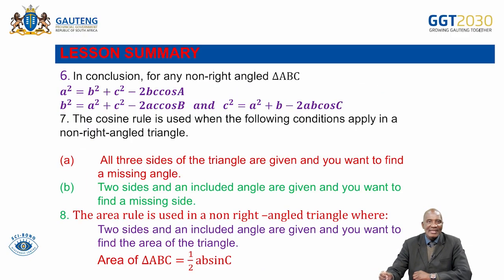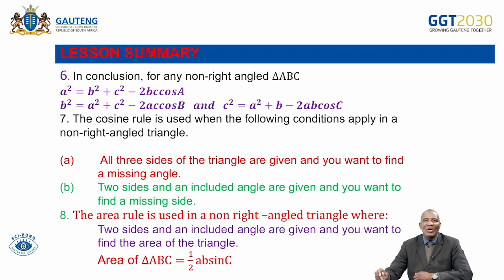Then in conclusion, for any non-right angle triangle, the cosine rule can be written in 3 different ways, but just mastering one is sufficient. A squared equals B squared plus C squared minus twice BC cos A, and B squared is A squared plus C squared minus twice AC cos B. Whatever letter starts, the capital letter will end.